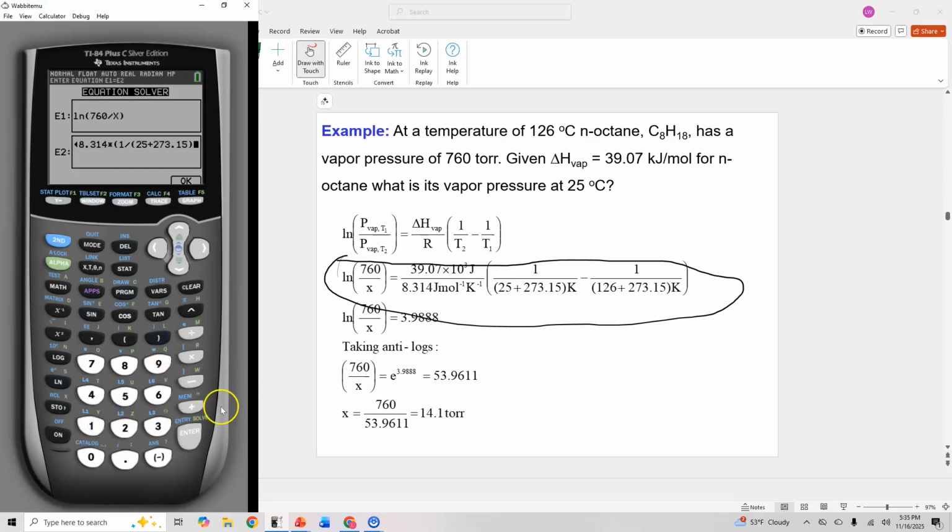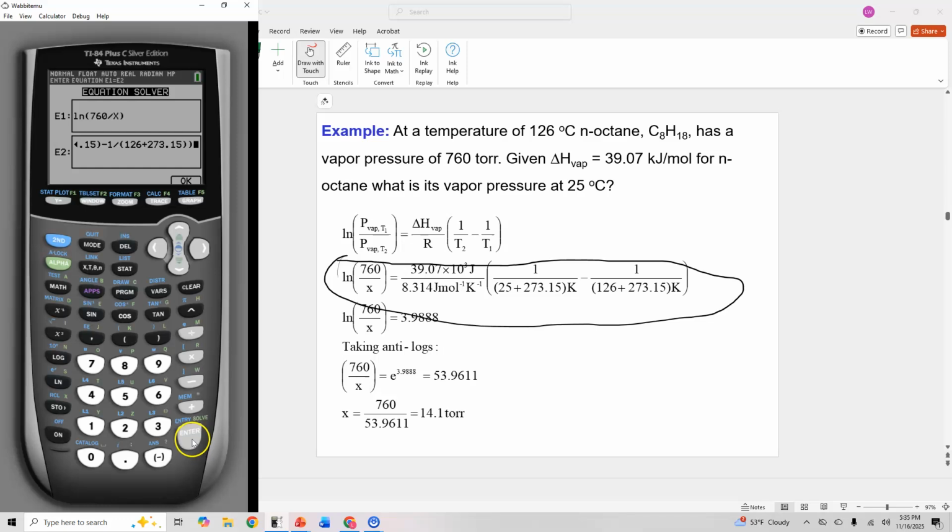Close those parentheses, minus 1 over parentheses 126 plus 273.15. You have to close a double lot of parentheses and we're done.